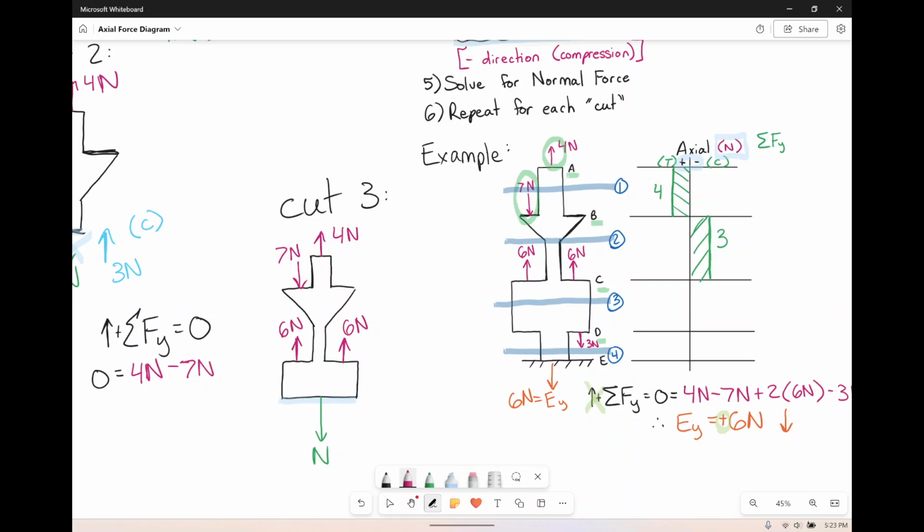Then we got 2 things of 6 going up, so plus 2 things of 6 newtons going up. Then we have N going down, so N is negative. So now when you solve that, what do you get? You get that N is equal to +9 newtons. +9 newtons. So what does that mean?